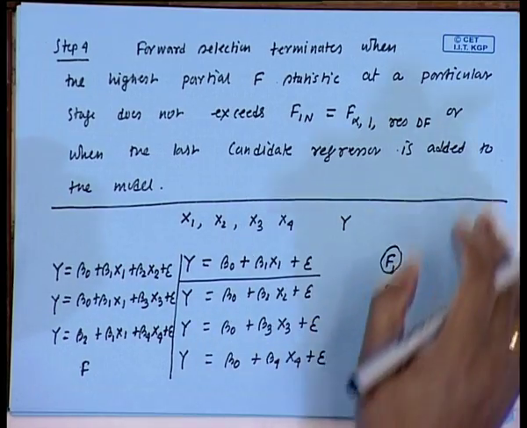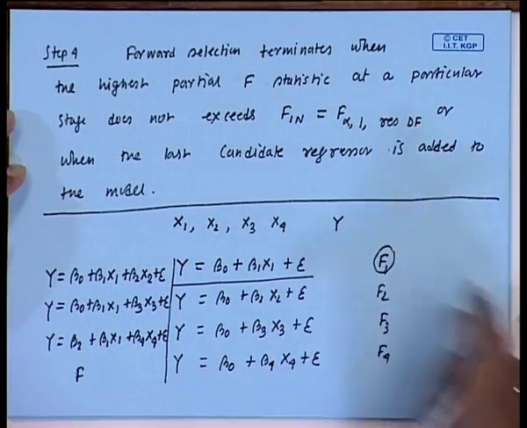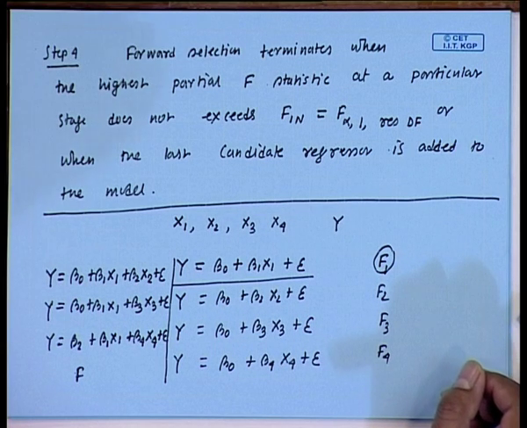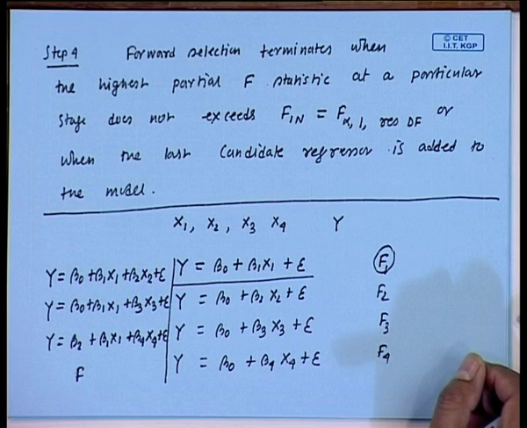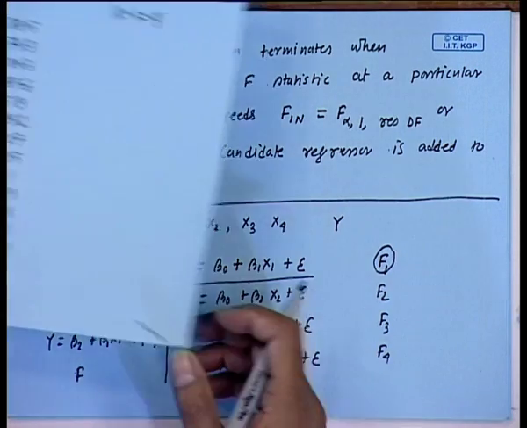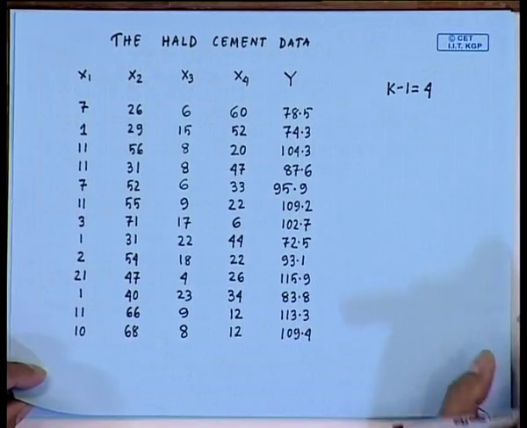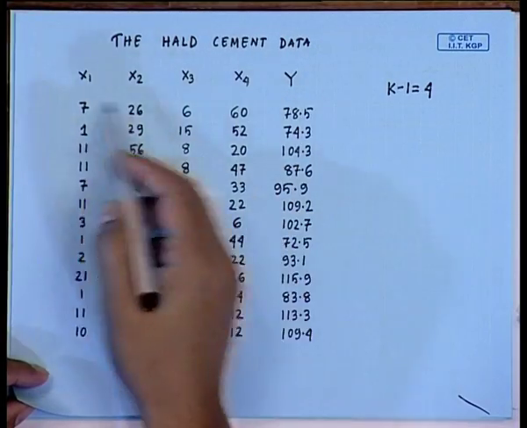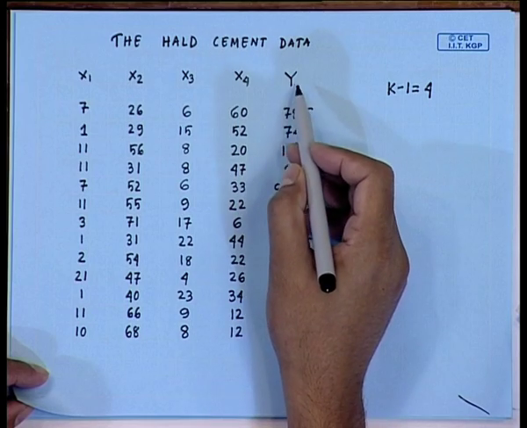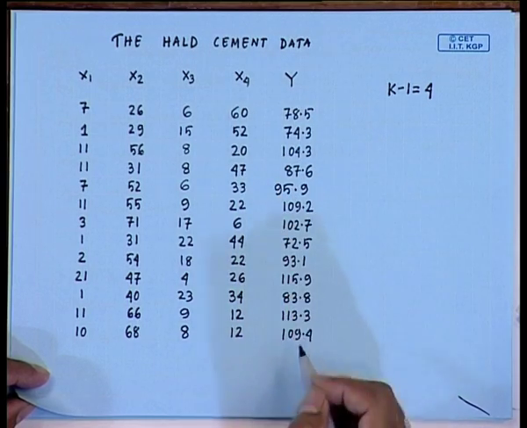Well, let me explain in detail the algorithm. So, this is the outline of the algorithm. Now, I will be considering the Hald cement data again. It has the 4 regressors and one response variable y.